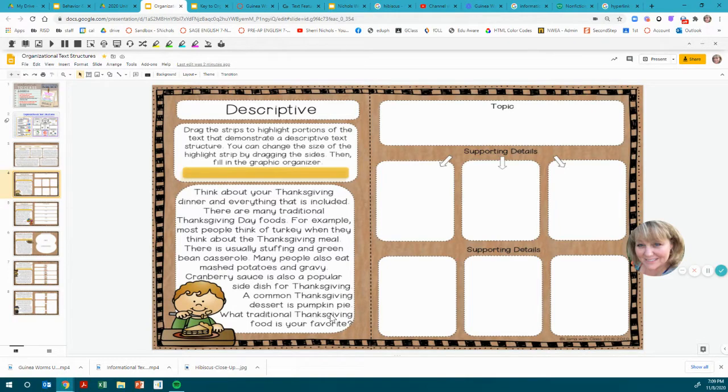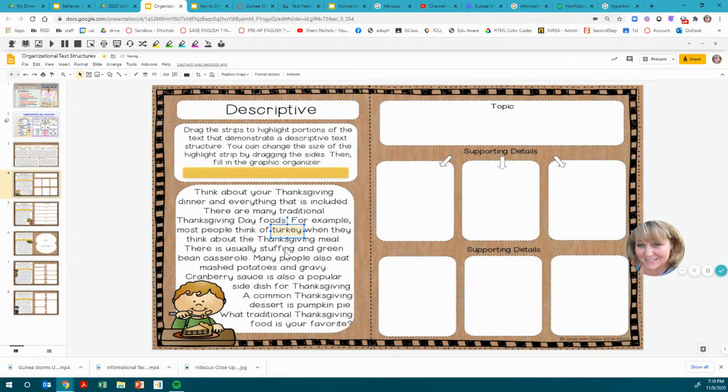So, wow, all this food is making me hungry. Not even going to lie about that. But what we're looking at is what words were descriptive, and you can drag and drop. So if I just sort of grab these, think about your Thanksgiving dinner and everything that is included. Think of turkey, and so we would put turkey.